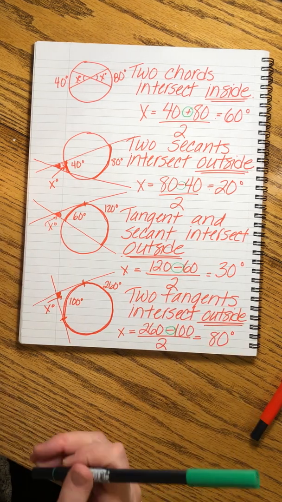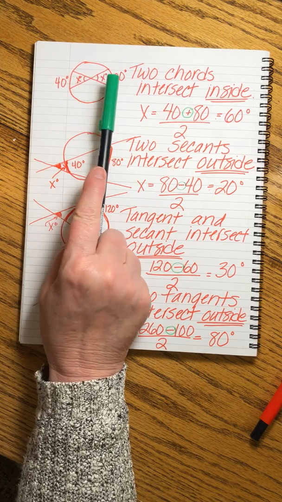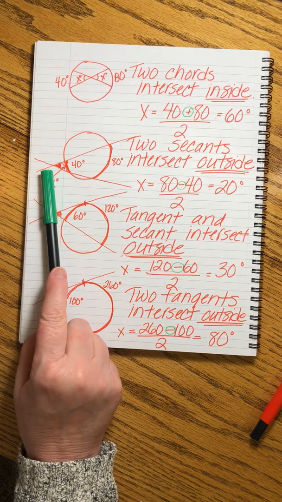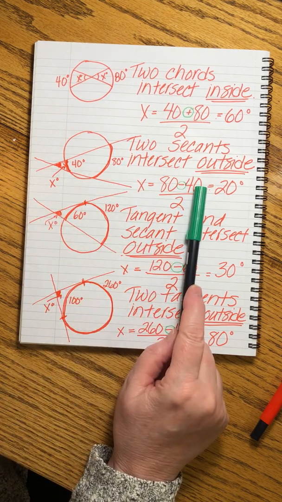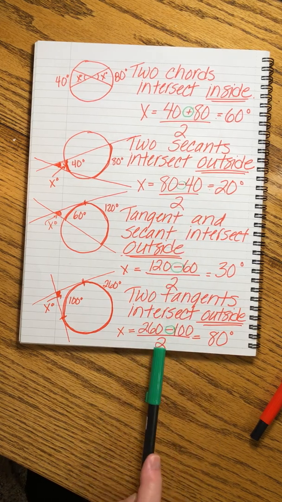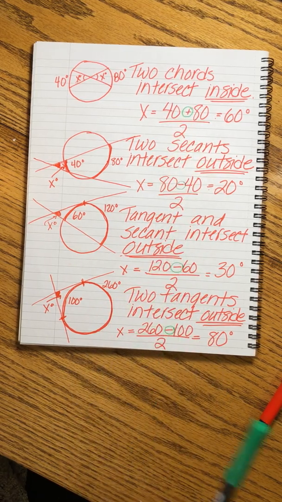That's your takeaway. When lines intersect inside the circle, you add them and average. When lines intersect outside the circle, you subtract larger from smaller and then average the difference. Okay, we divided by 2 in every single case. What changes is whether you add or subtract, all right?